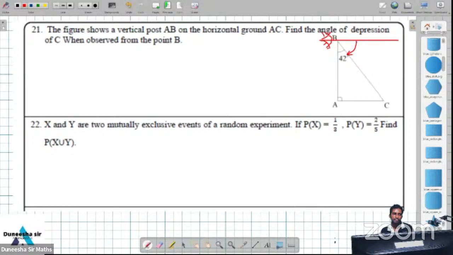Observe from B. The horizontal line and vertical line, the angle between these two, horizontal and vertical, is 90. Can you calculate the depression angle?